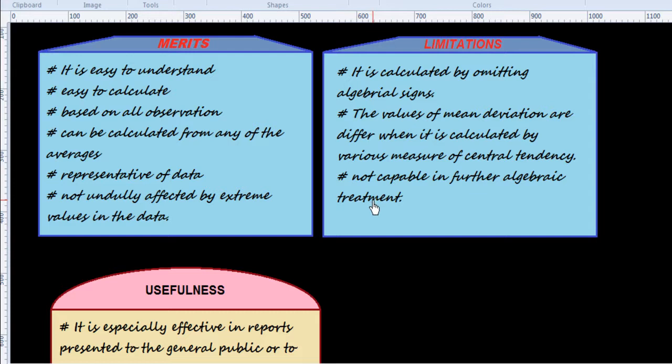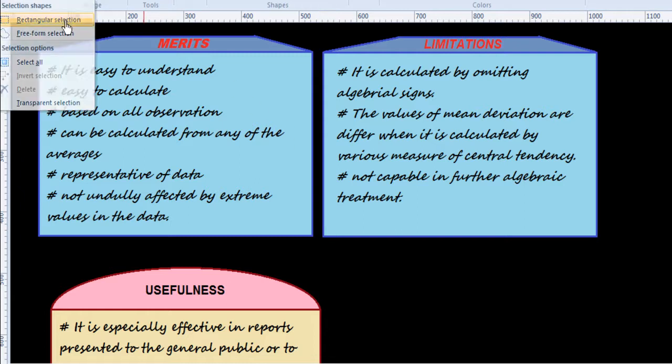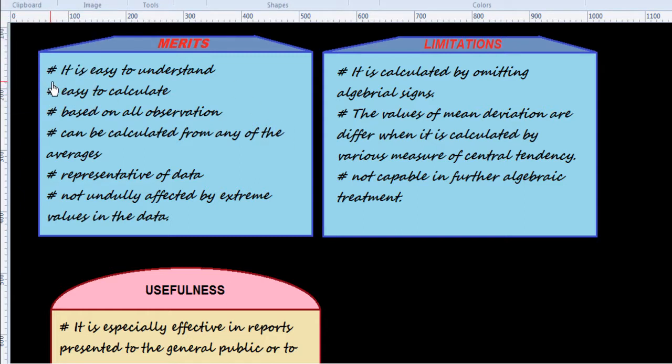Now we see what are the merits, limitations and usefulness of mean deviation. First, the merits. It is easy to understand. I have explained it, and it is very easy to calculate. No major calculations are there.